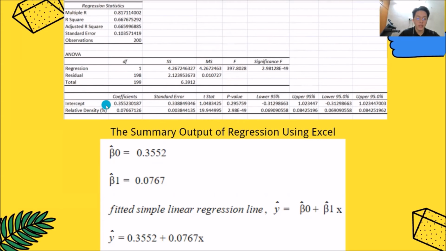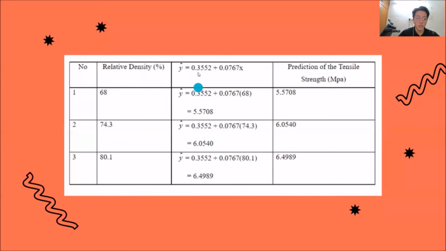From here, we can see that beta naught hat is equal to 0.3552, and beta 1 hat is equal to 0.0767, and we substitute these two values into the equation, and we will get y hat equal to 0.3552 plus 0.0767x. After getting the equation, we substitute the value of relative density to get the prediction of the tensile strength.